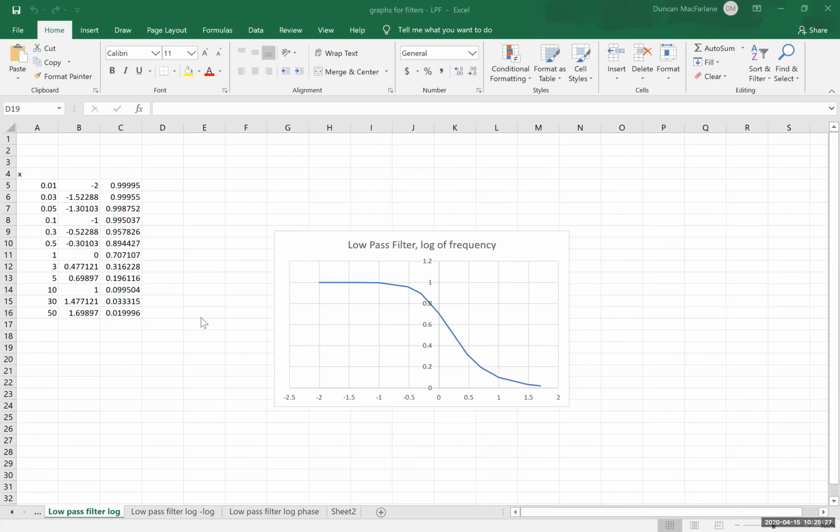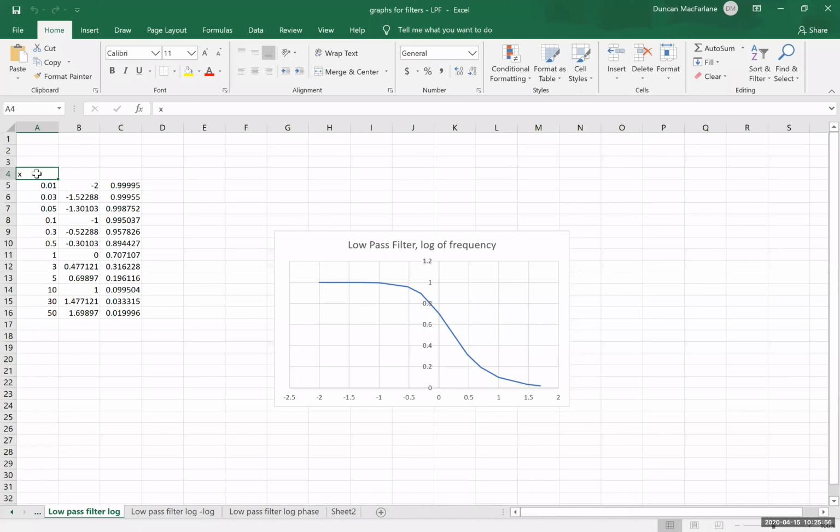All right. So here are the same frequencies that we had before, and I'll just remind you that this X here is the number omega RC. The way we say this is that the frequency is normalized to 1 over RC.